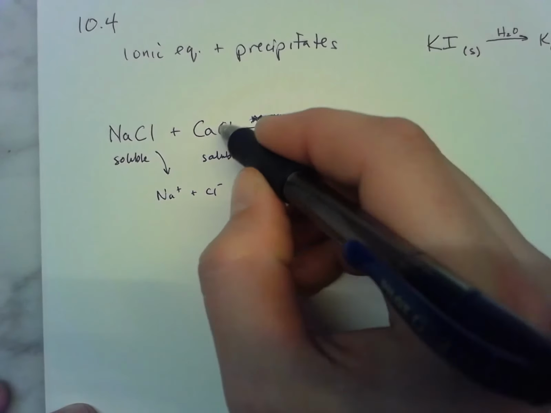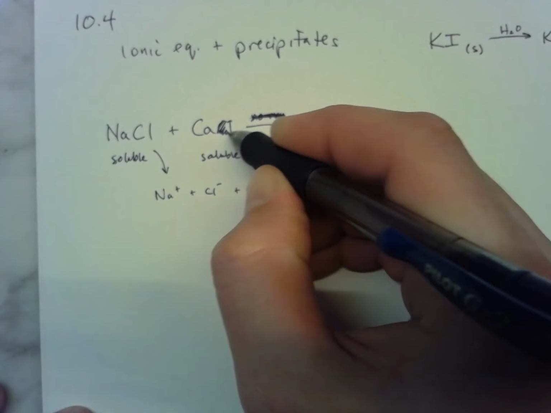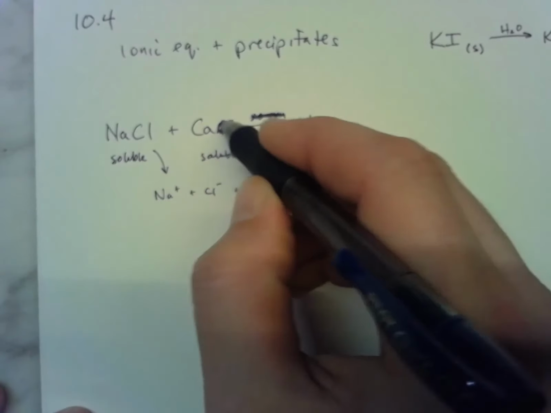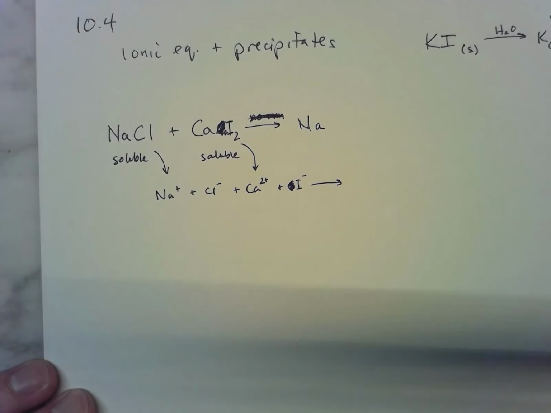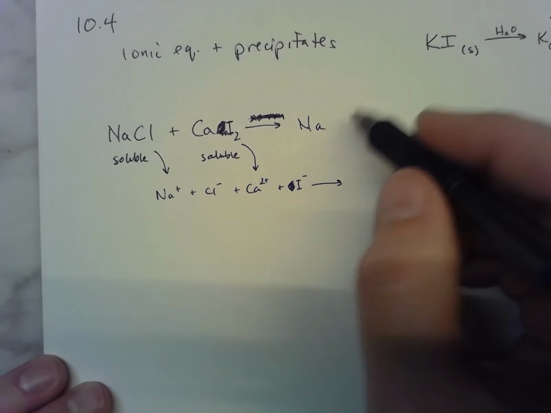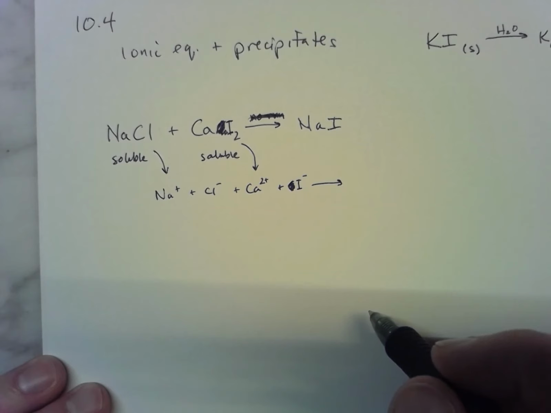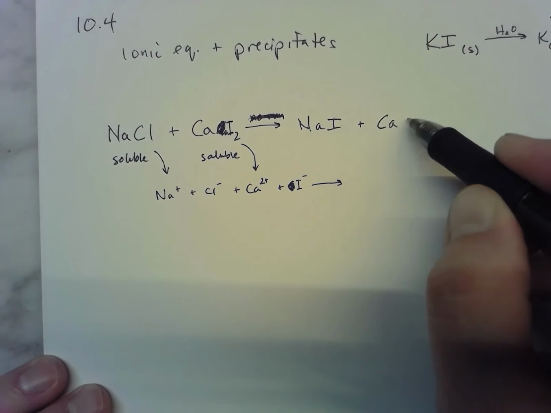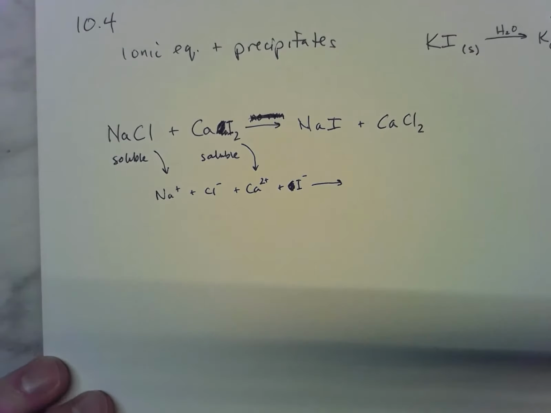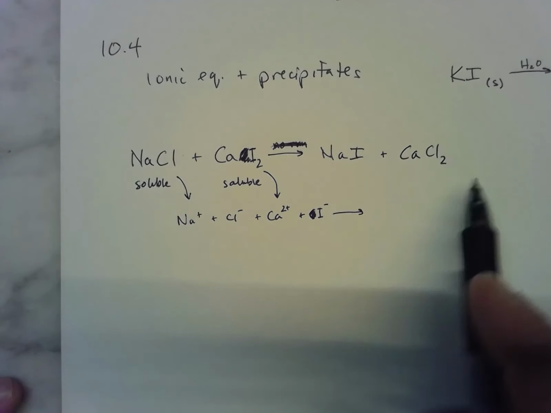Let's just do this. Calcium iodide, so we can track them a little bit better. Okay. All right. So let's say it becomes sodium iodide and calcium chloride. Okay. Let's say that was a reaction that happened.